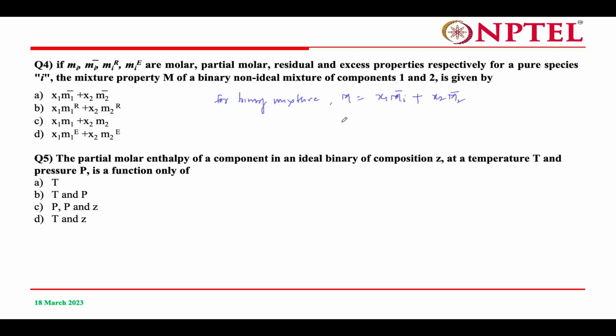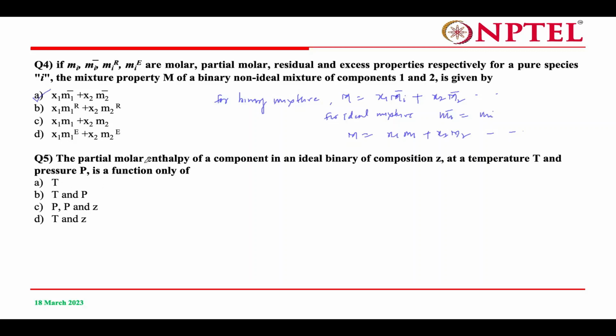So for an ideal mixture, Mi bar equal to Mi, hence M is equal to x1 M1 plus x2 M2. This is for the ideal gas mixture, and this is for the non-ideal. So the solution of question 4 is okay.